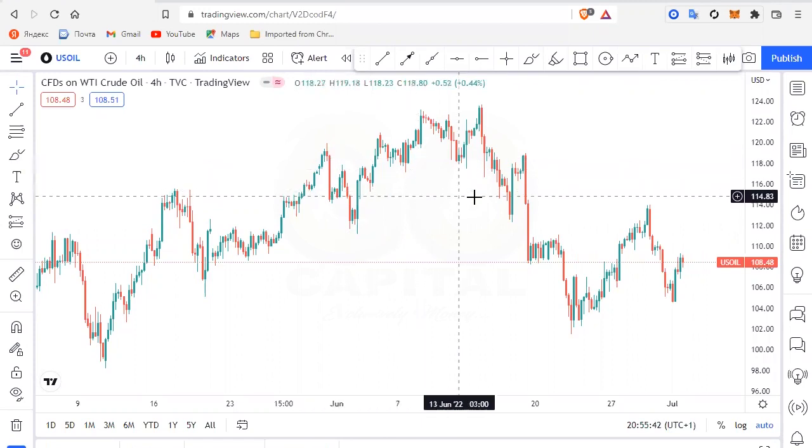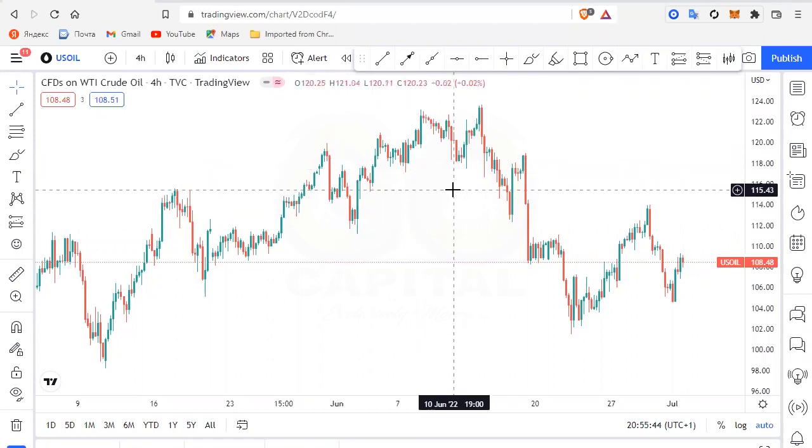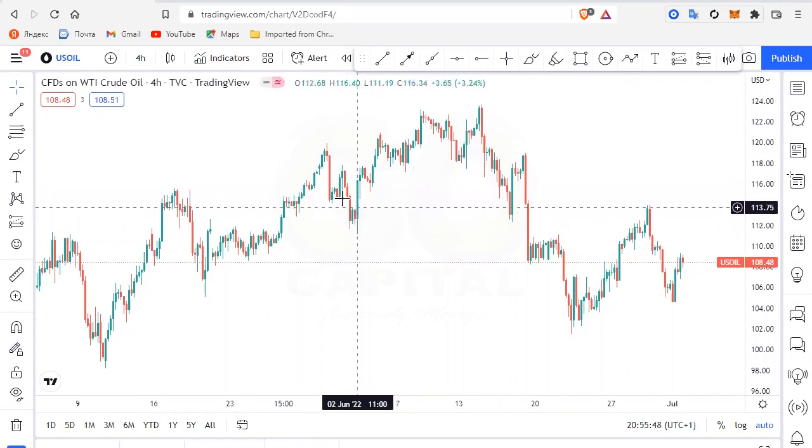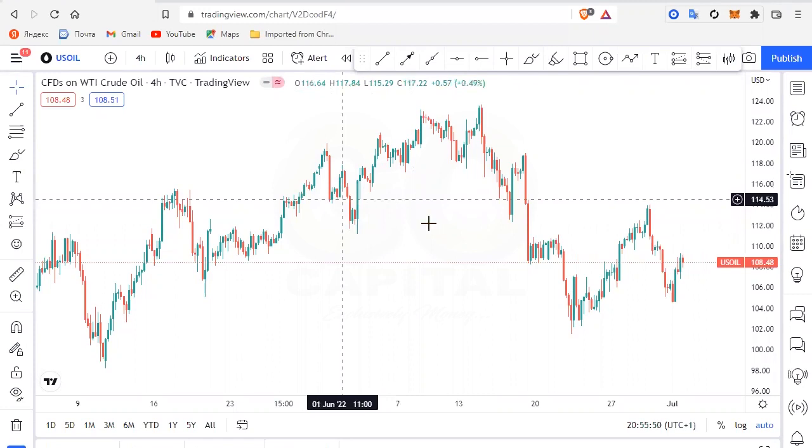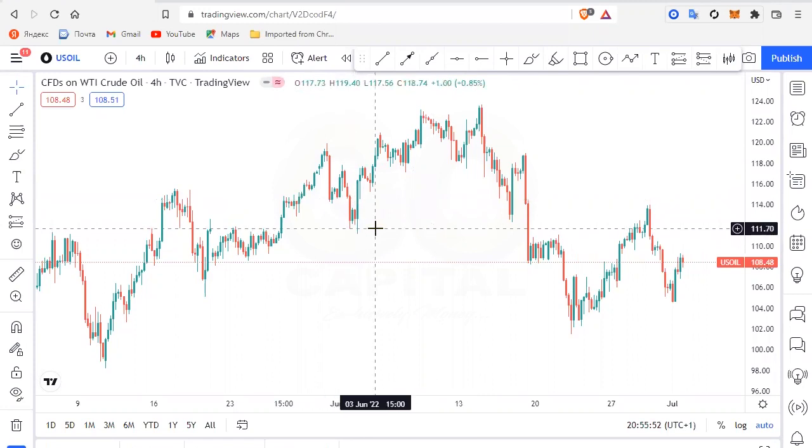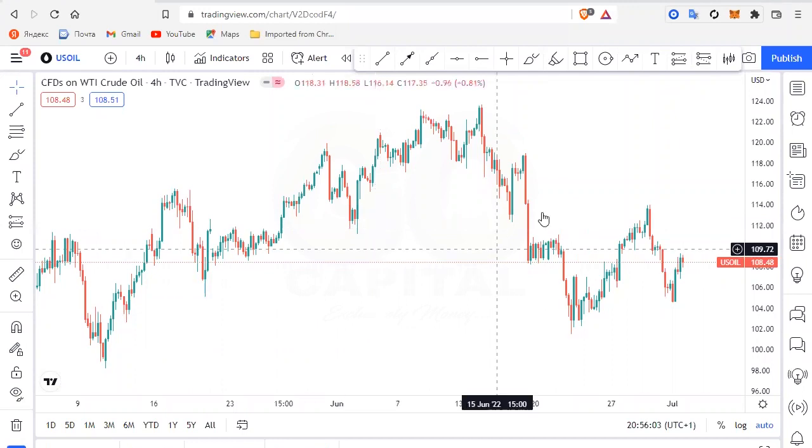Taking this chart, for example, this is the crude oil or the US oil chart. This is a 4-hour time frame, and we said that the crude oil chart is going up. When it is going up, it is called an uptrend, and when it is going down, it is called a downtrend.